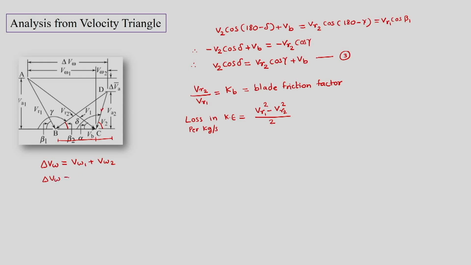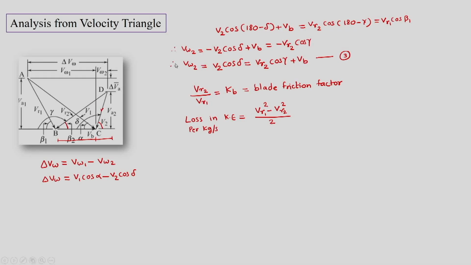So delta VW is equal to V1 cos of alpha minus V2 cos of delta. This is what we had seen, VW1 minus VW2.